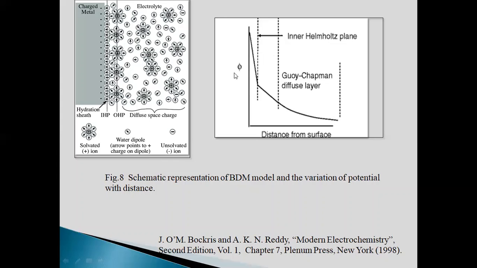Now, the variation of potential with distance can be shown as a linear variation up to the inner Helmholtz plane, and an exponential variation in the diffuse region.